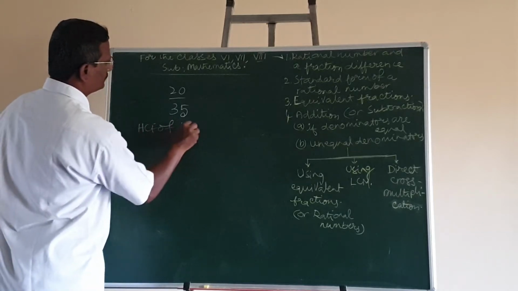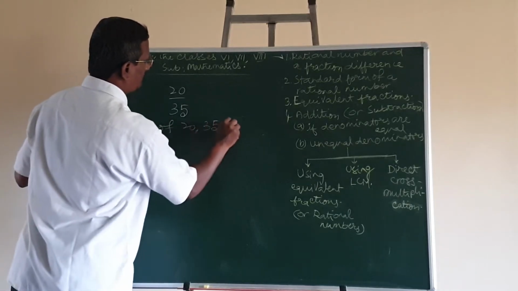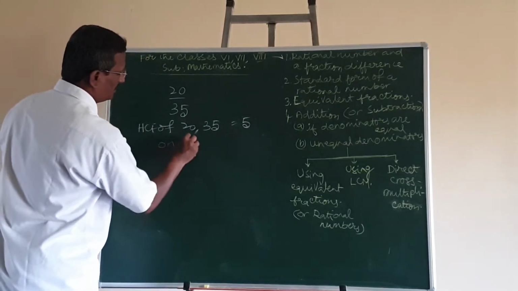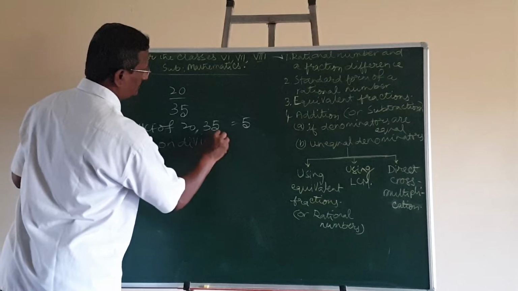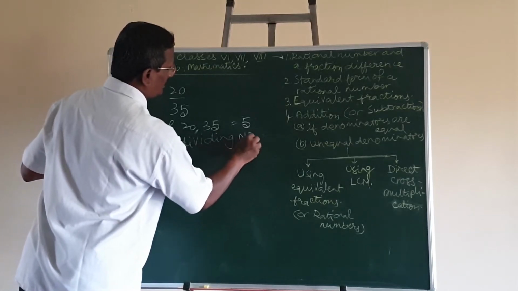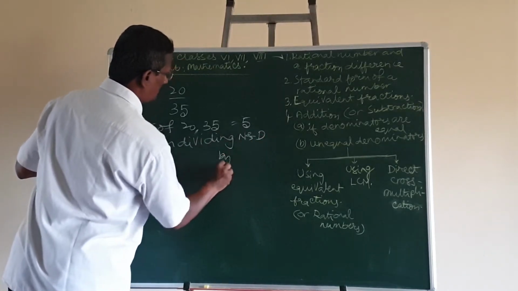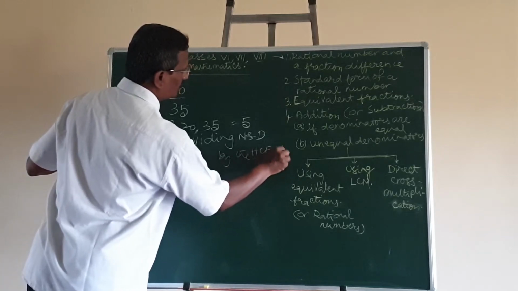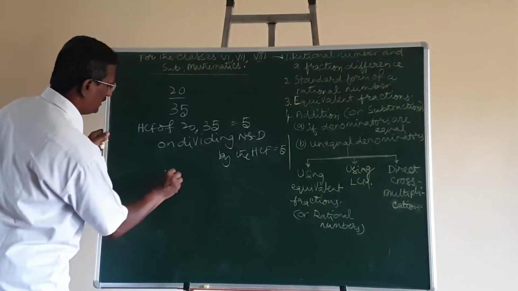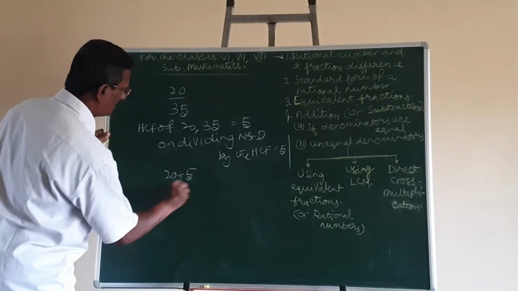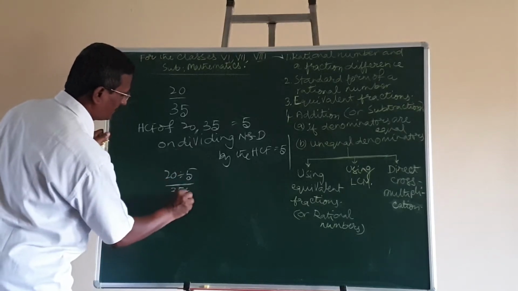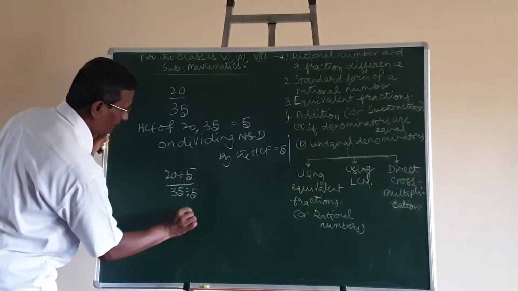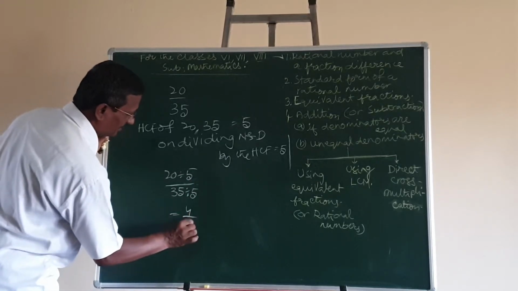HCF of 20, 35 is equal to 5. Therefore, on dividing the numerator and the denominator by the HCF 5: 20 divided by 5 is 4, 35 divided by 5 is 7.